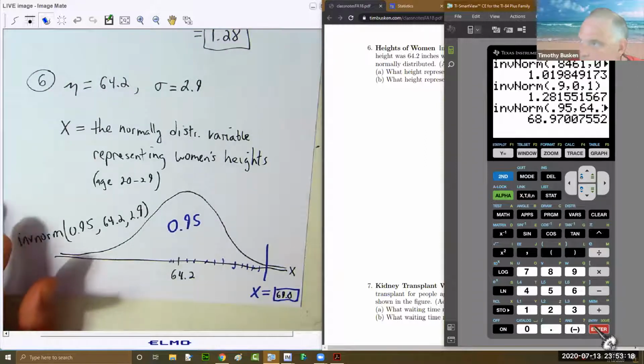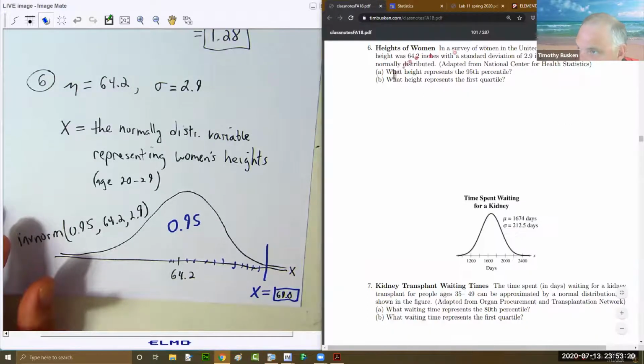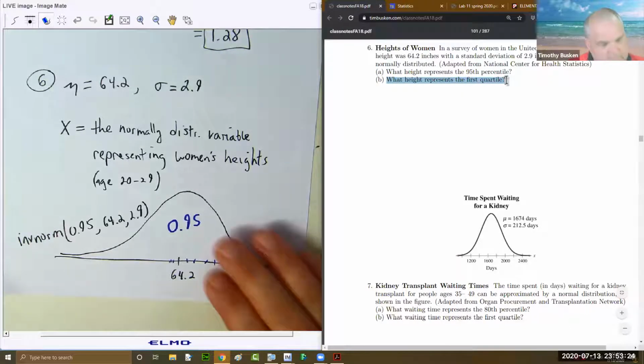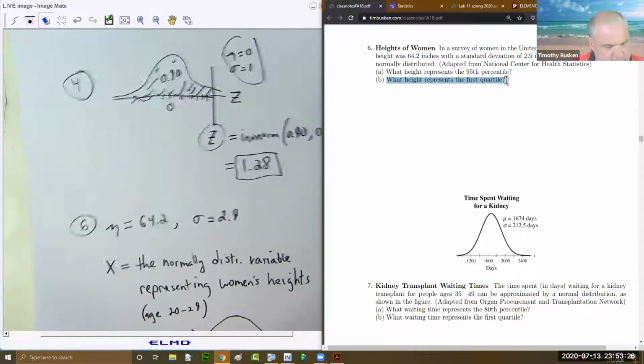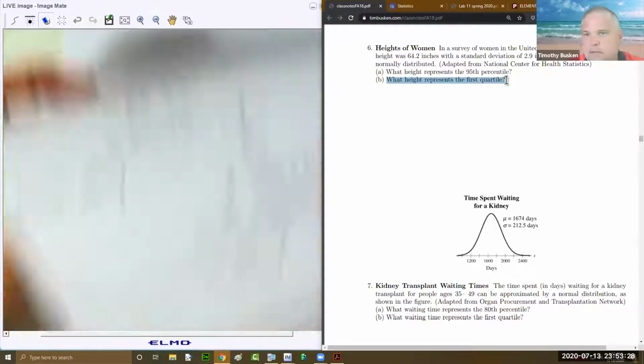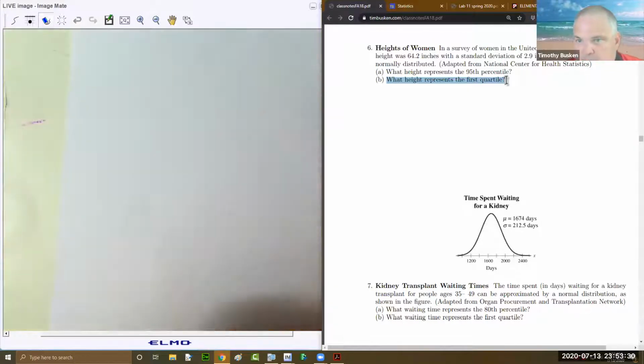When you take a look at the second question, B over here, what height represents the first quartile? We have to remember that the first quartile is equal to the 25th percentile.